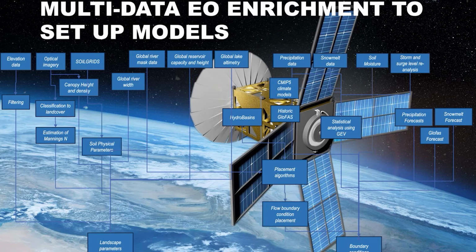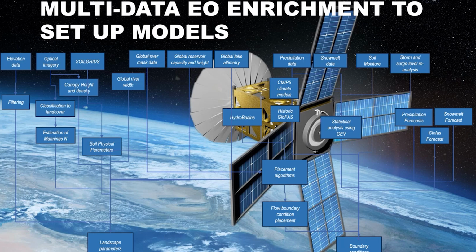And then we merge in the LiDAR data for 25 countries where we have it available in a seamless way. There's a whole bunch of optical imagery like Landsat and Sentinel that we don't always do our own processing on. Sometimes we use derived products directly, or sometimes we do our own processing on them, for things like canopy height and density and land cover classification to estimate surface roughness parameters.